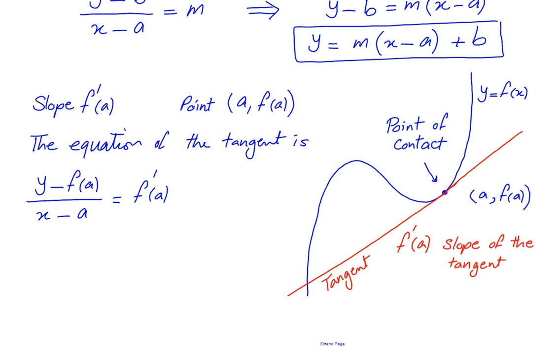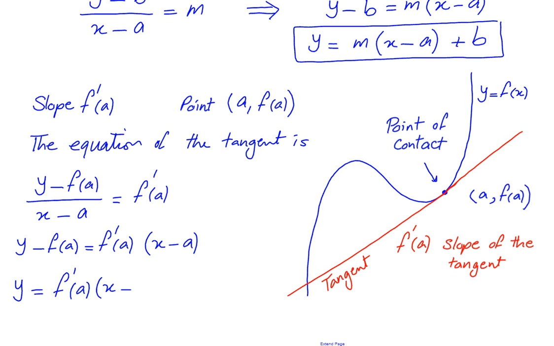If you cross multiply, you will get y minus f of a is equal to f dash of a times (x minus a). Or you can also move the negative f of a to the other side, you'll get the equation y equals f dash of a times (x minus a) plus f of a. So this now becomes the equation of the tangent in the slope-intercept form.